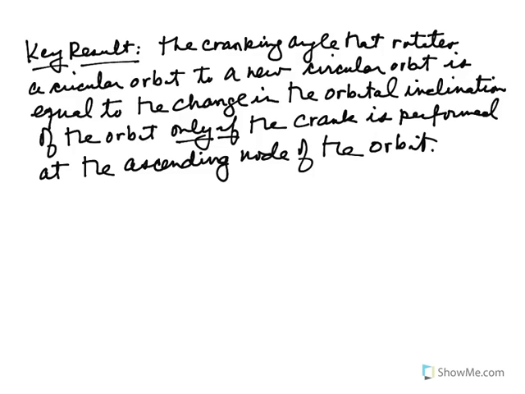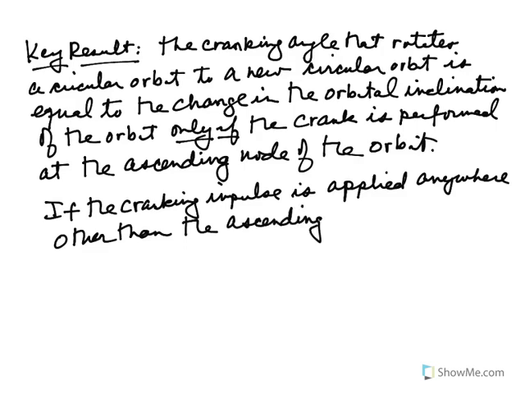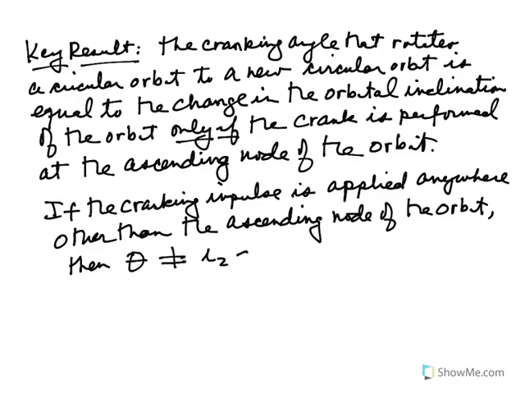So if I apply that crank anywhere other than the ascending node, then theta is not equal to I2 minus I1. So this is really important. If the cranking impulse is applied anywhere other than the ascending node of the orbit, then theta is not equal to I2 minus I1.